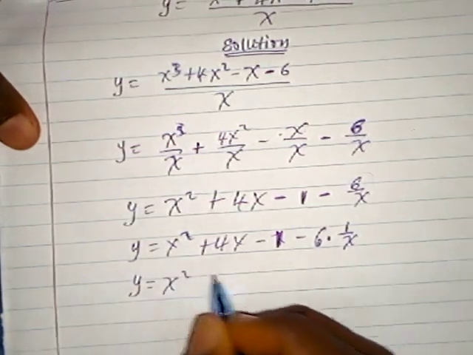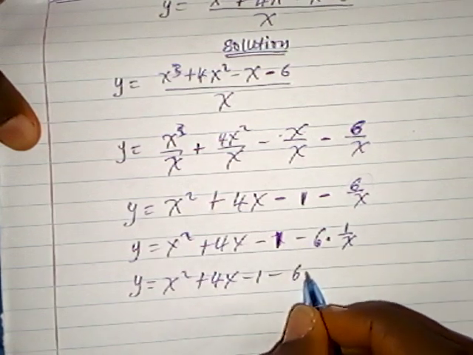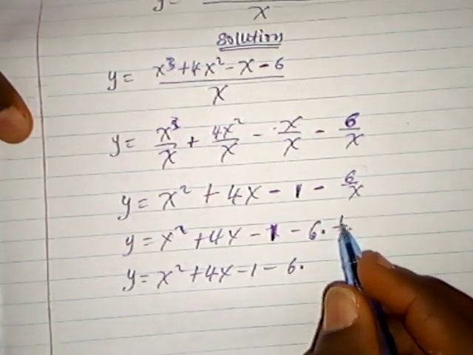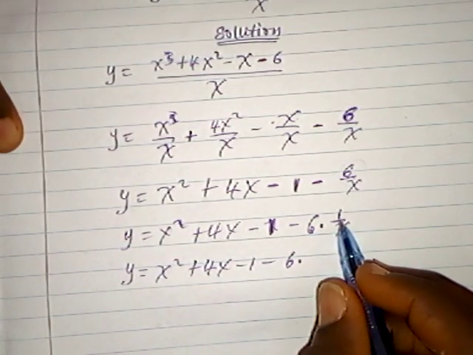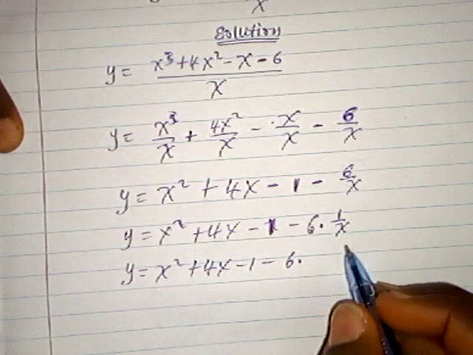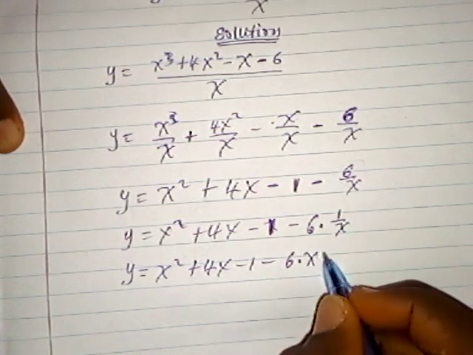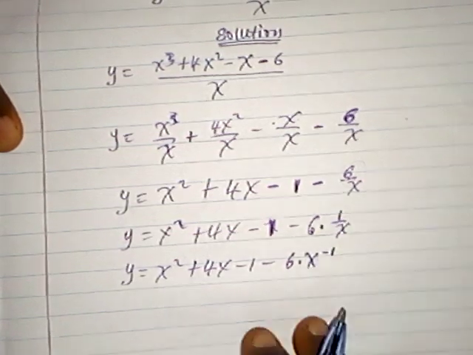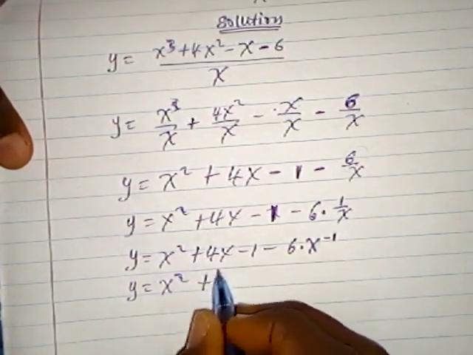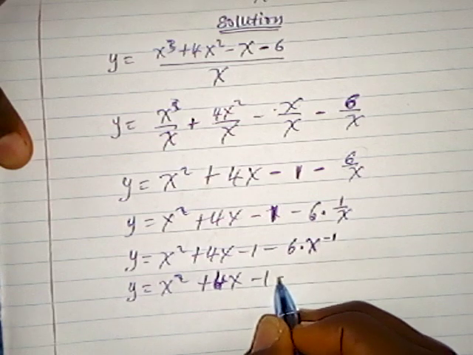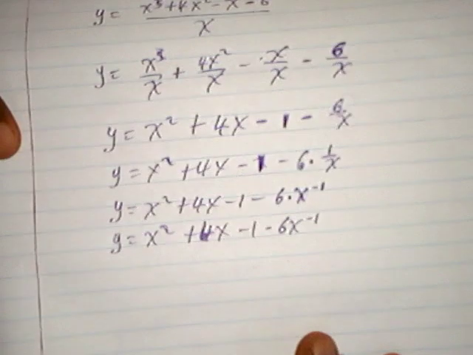y is equal to x squared plus 4x minus 1 minus 6 times 1 upon x. We remove this fraction and we use the reciprocal of indices, where we talk about the negative index, x to the power minus 1. So y is equal to x squared plus 4x minus 1 minus 6x to the negative power 1.